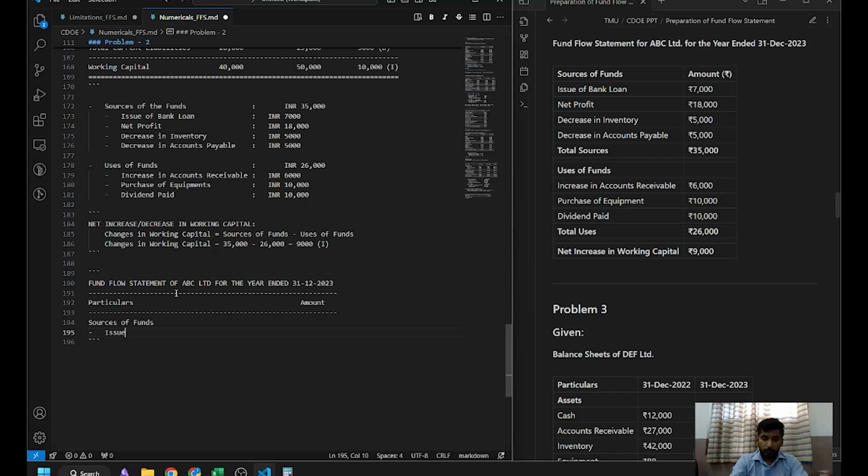First, we have issue of bank loan. Then we have net profit. Then we have decrease in inventory. Then we have decrease in accounts payable, marking my total sources.